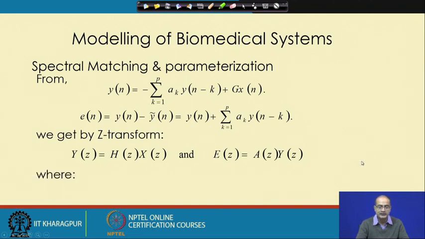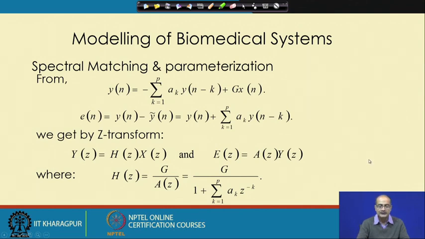They have a relationship, because H(z) can be represented as G by A(z). So, these two filters, H(z) and A(z), are inversely proportional to each other.